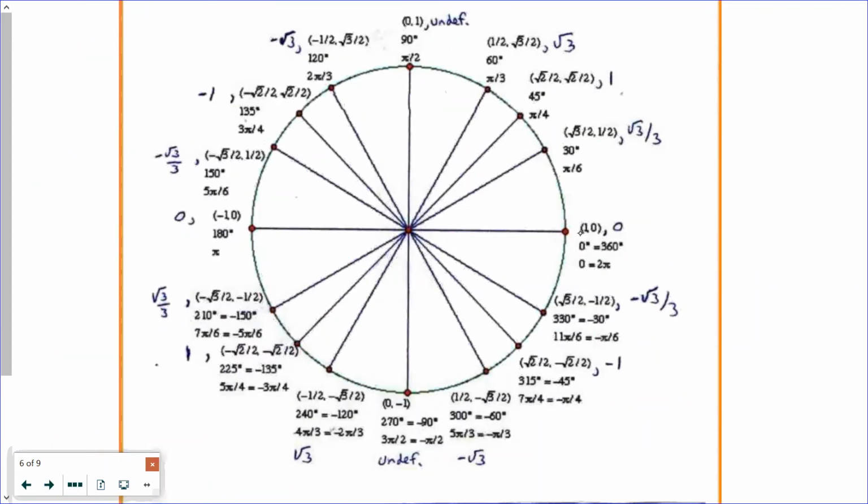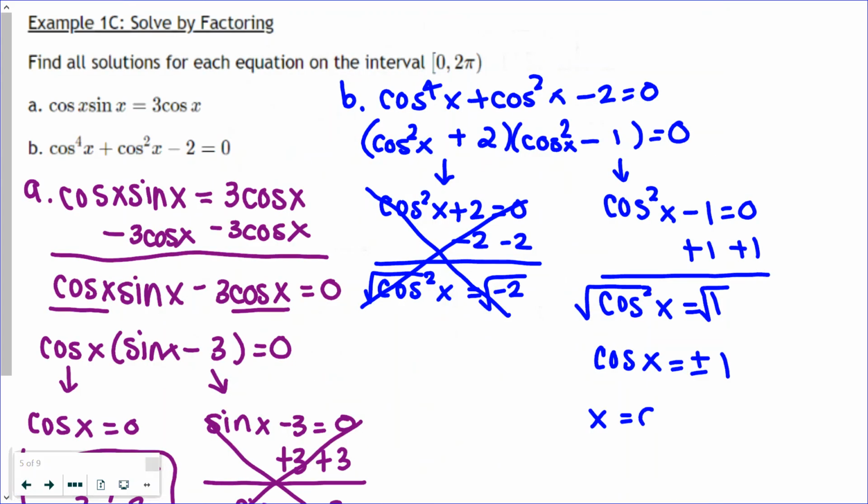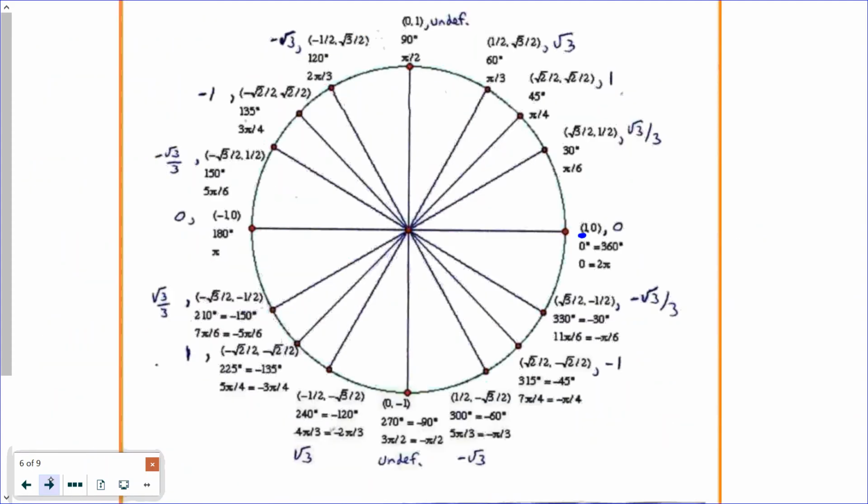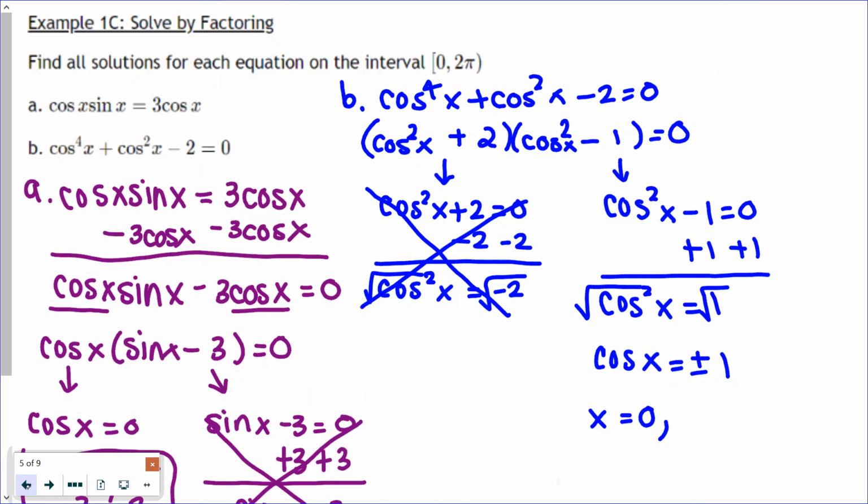Cosine is the x value, so right here, 1, and that's at the angle 0. So our first solution here is going to be 0, because 0 is included. And then we work our way around the circle looking for negative 1, which is right here, and that happens at pi. So my solution is also going to be at pi.